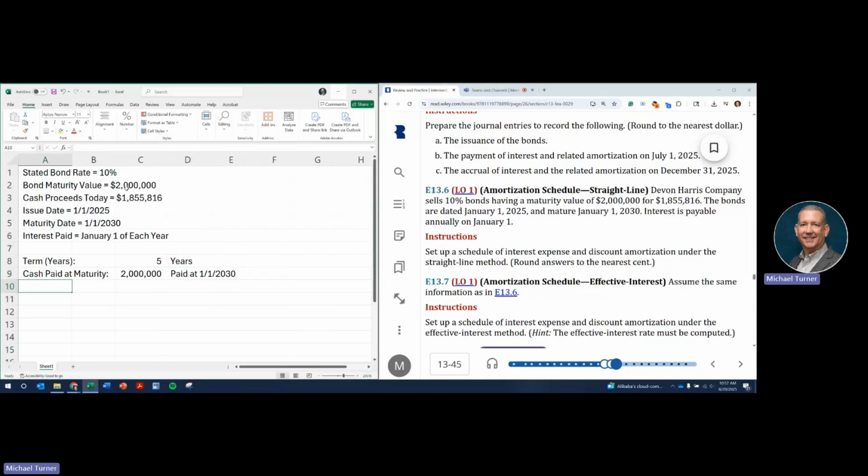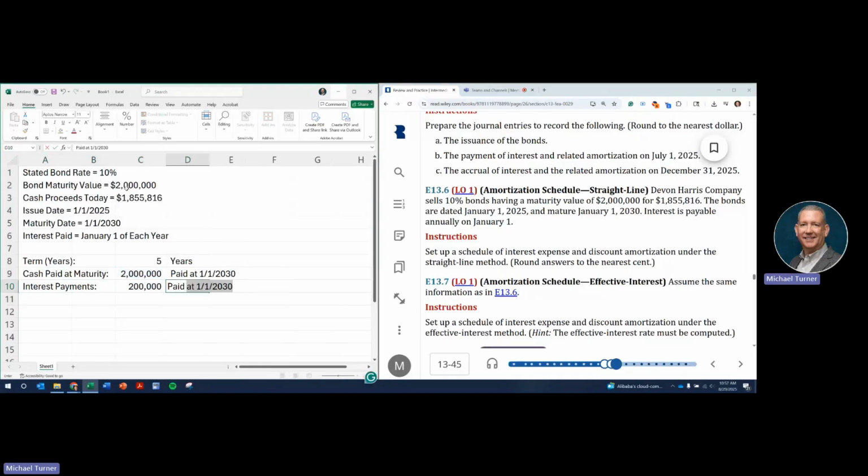We also know that we have to make cash payments for interest. So our loan is for $2 million. That's the stated value of the loan, as we noted above. So the maturity value is $2 million, and we make annual payments of 10% of the $2 million stated value of the bond.